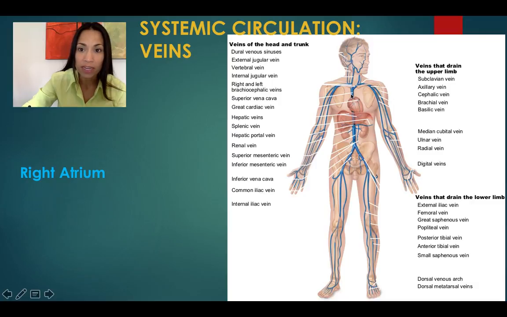The superior vena cava that drains all the body superior to the diaphragm muscle, the inferior vena cava that drains all your body inferior to your diaphragm muscle, or a horizontal line through your nipple, and the third vein is the coronary sinus, which drains the heart itself.